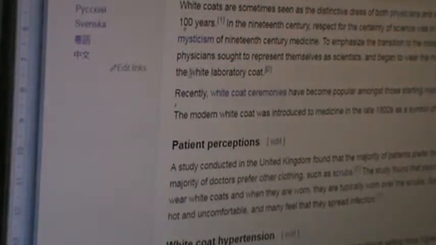That's so cool. Because white is Christ and laboratory is Father, that'll hook up very nice. A white coat ceremony.